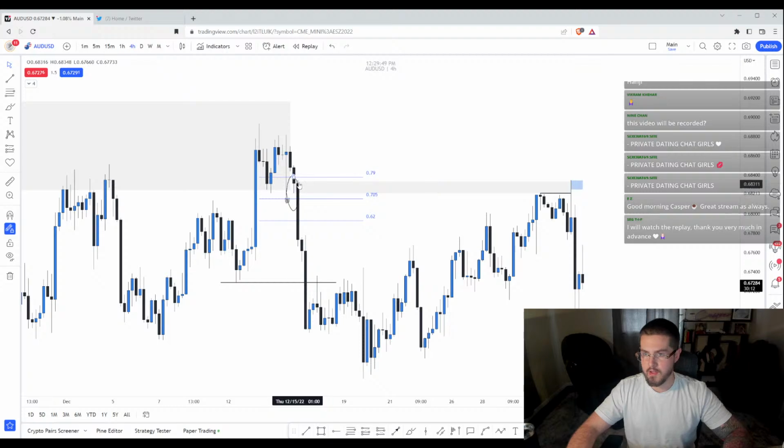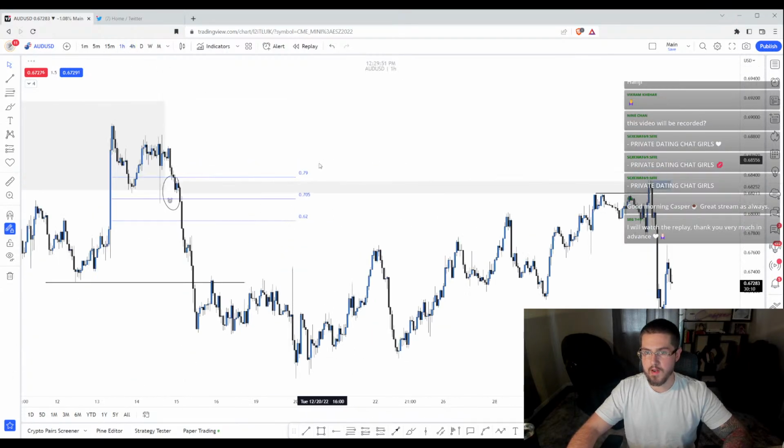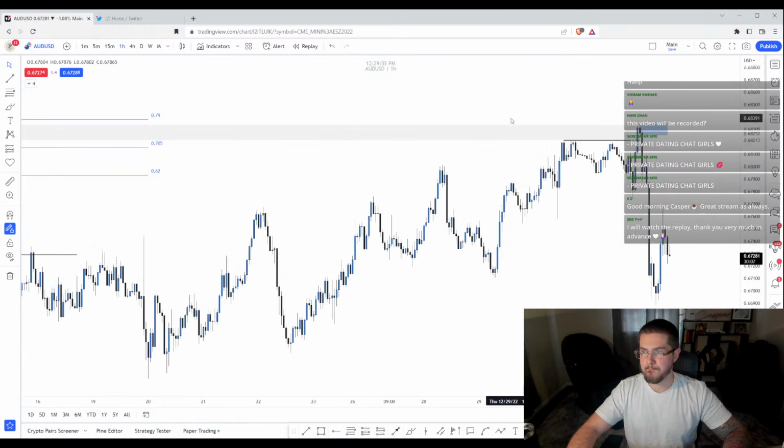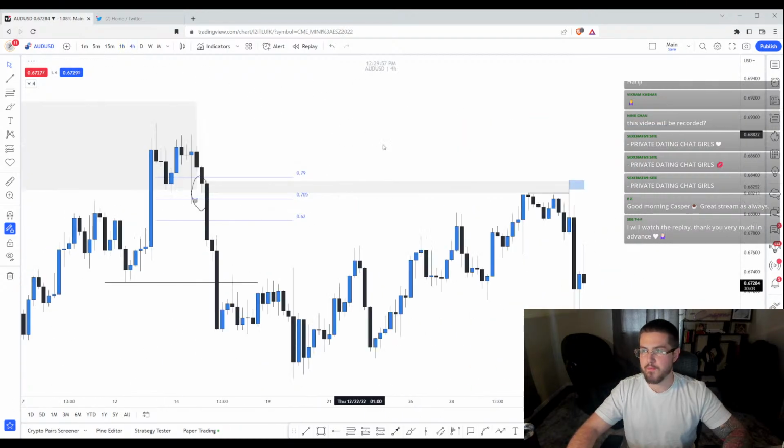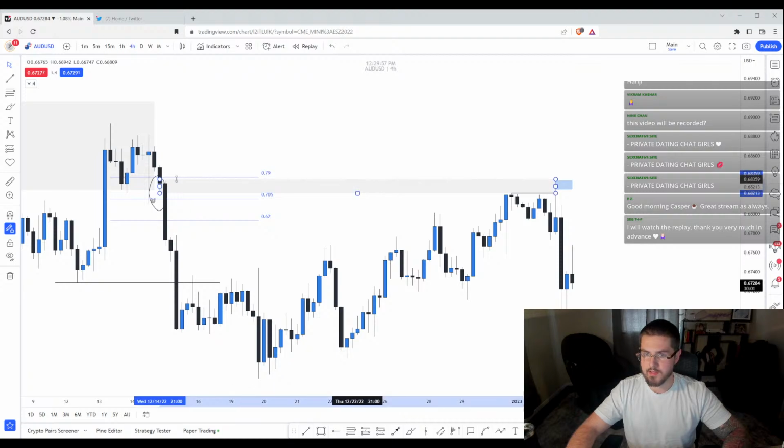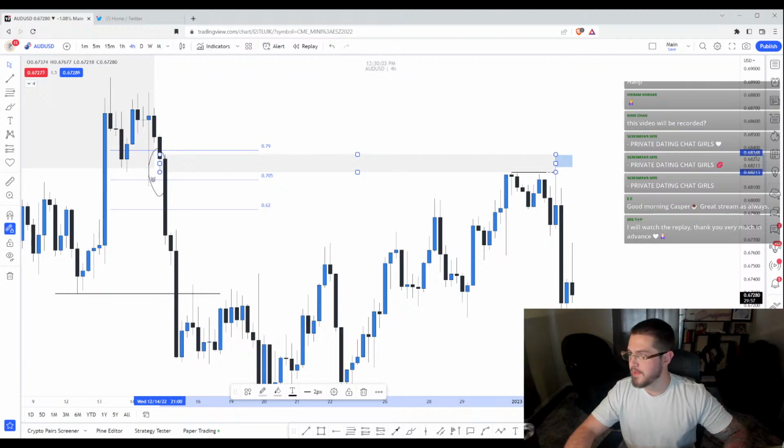I went to a 4-hour, used these buy to sell wicks, and then I went to a 1 hour and used this candle. Now we spiked that just a little bit. If we use a 4-hour buy to sell wick, I hadn't refined it, it actually went like 1/10 of a pip away. You see it's 68348, and the highest candle is 68347.